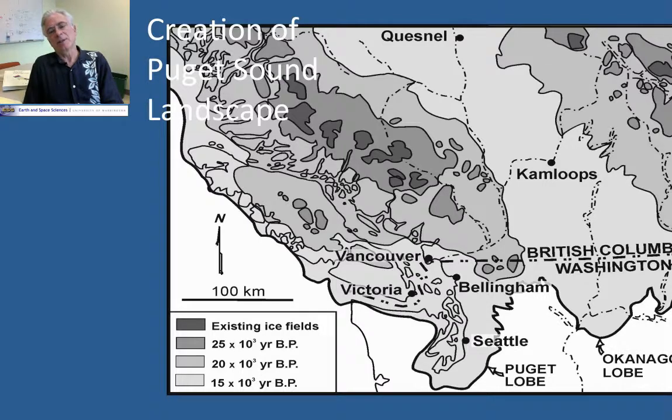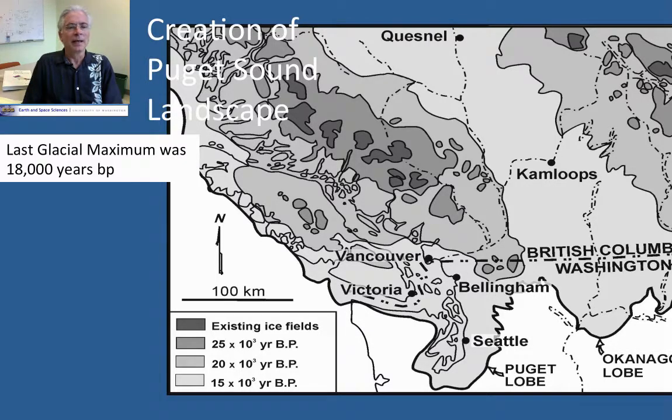However, by 15,000 years ago, the ice had spread out from the mountains and pushed down into the Puget Sound. So this lobe pushing down through Seattle is sometimes called the Puget Lobe.